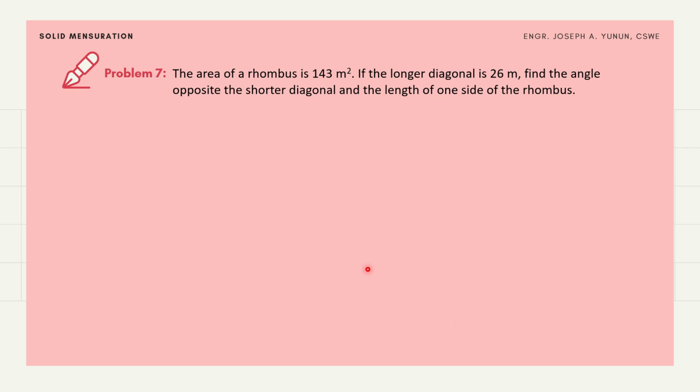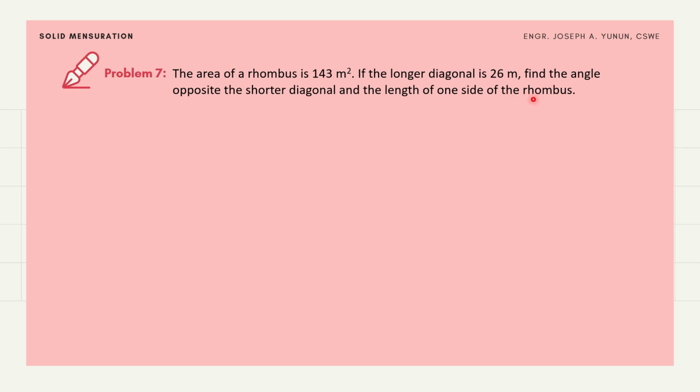Next problem: the area of a rhombus is 143 square meters. This time it is a rhombus. If the longer diagonal, take note of that, is 26 meters, find the angle opposite the shorter diagonal and the length of one side of the rhombus.